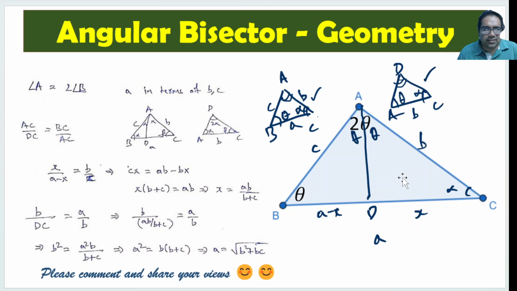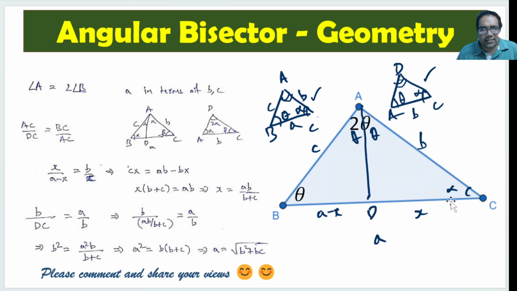So X into C equals B times A minus X, which is AB minus BX. Let's send this to the left. So X times B plus C becomes AB, that means X equals AB by B plus C.